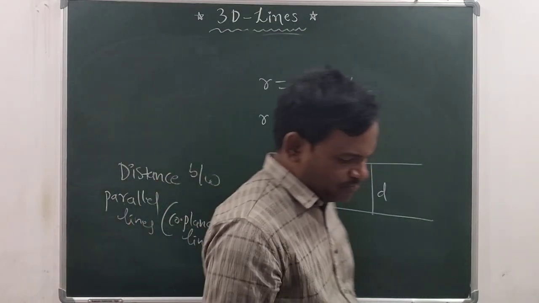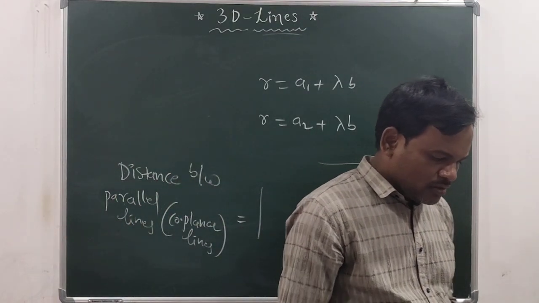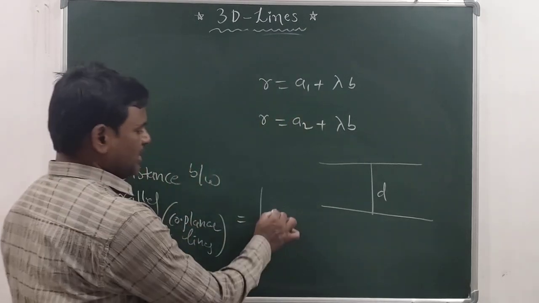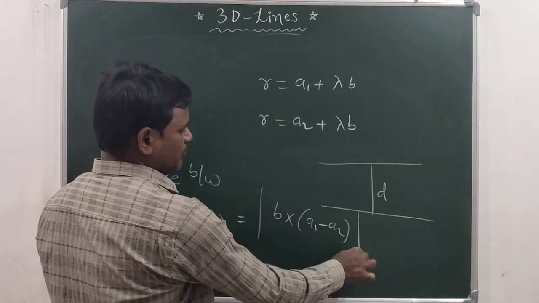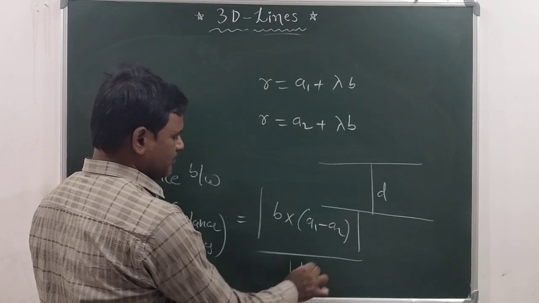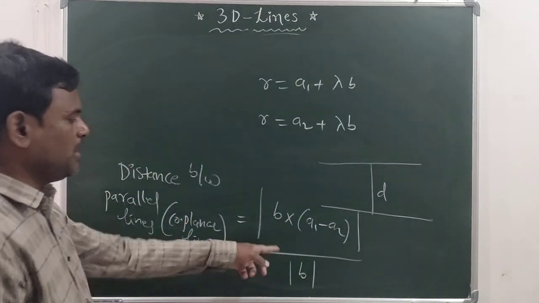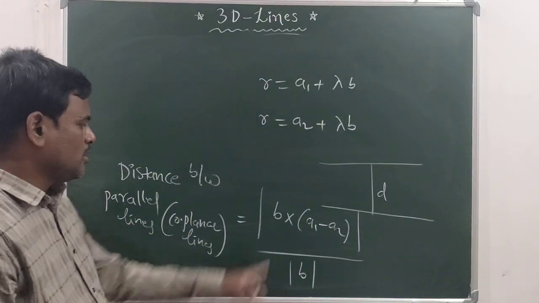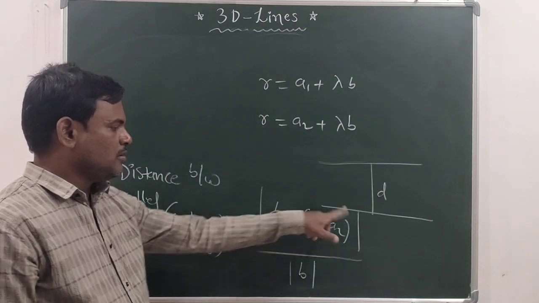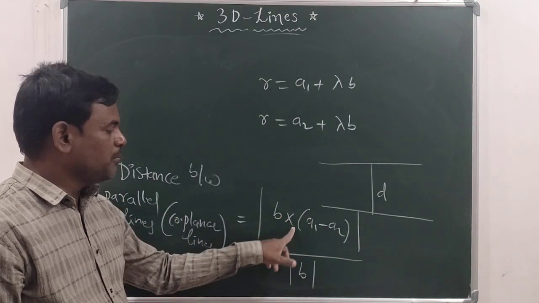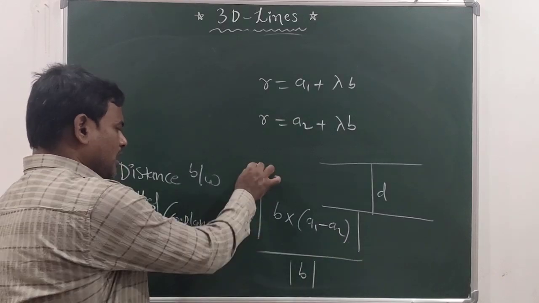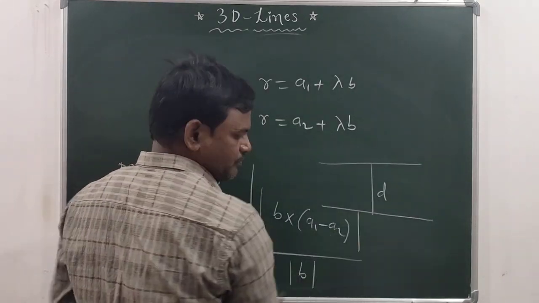So how do you find it? Magnitude of B cross (A1 minus A2) by modulus of B. Apply this formula.